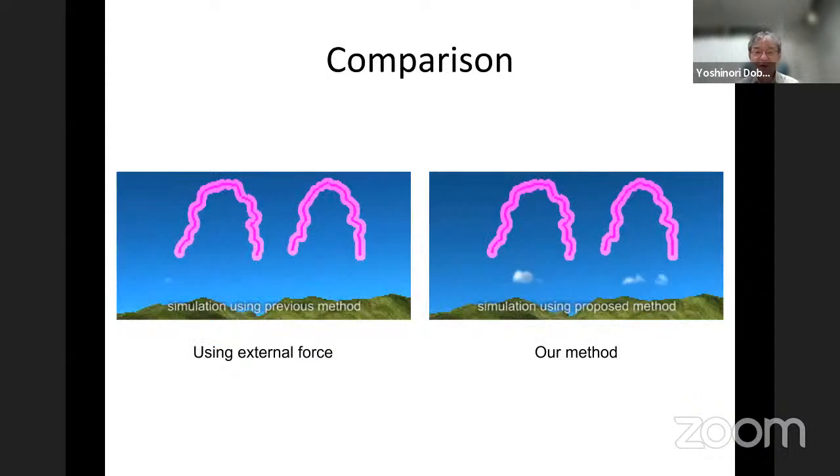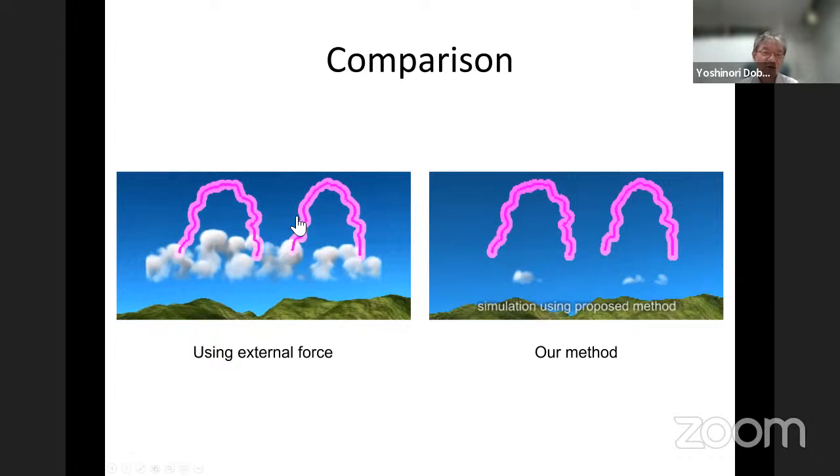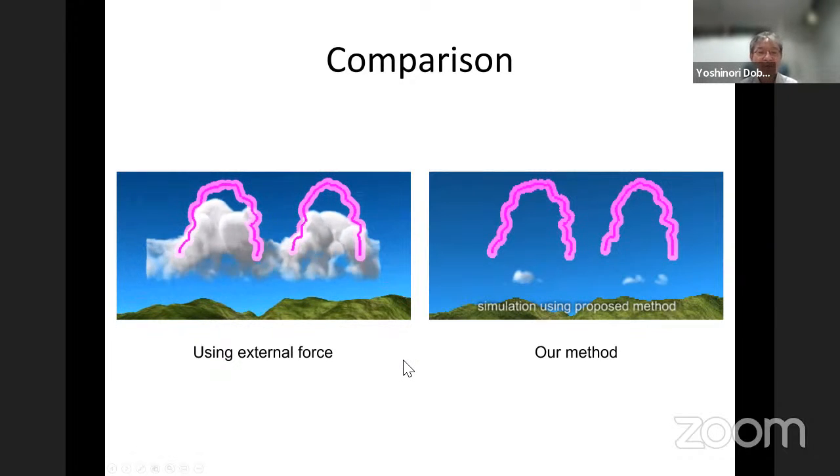Okay, now let me show you some results. But first, I would like to show you a comparison between the results using the external force and the results using our method. Let's see first this one, the results using the external force. This pink curve indicates the target shape.